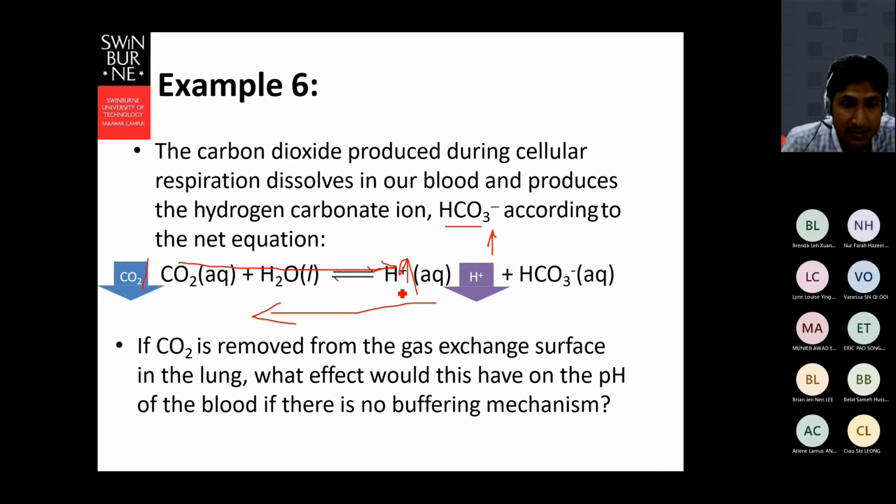The pH of the solution will reduce in that case because hydrogen ion is increasing, so pH is reducing. Okay, and then if carbon dioxide is removed from the system, the hydrogen ion reduces, so pH increases. Did I say the inverse way? Okay, so if I reduce the carbon dioxide, the pH of the solution will increase.